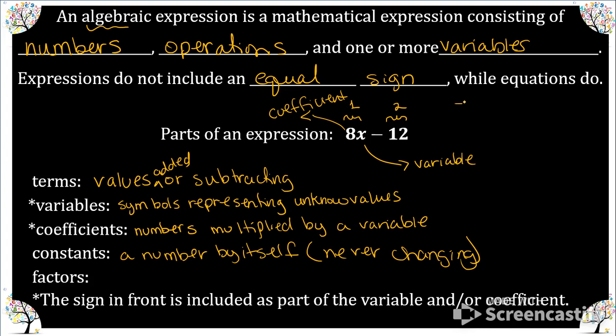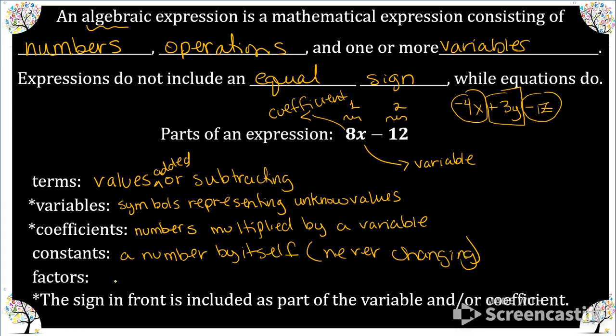So if we had negative 4x plus 3y minus z, this z is a negative 1z. This y has a coefficient of positive 3, and this x term has a coefficient of negative 4. So this is how I like to do it, okay? And then this negative belongs with this z. This is understood negative 1z.